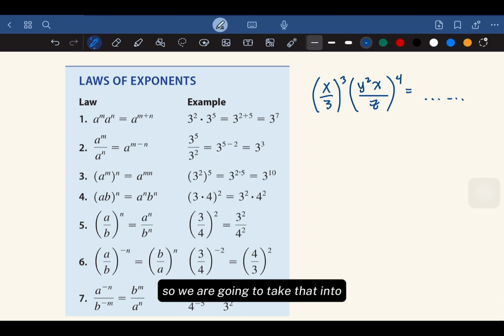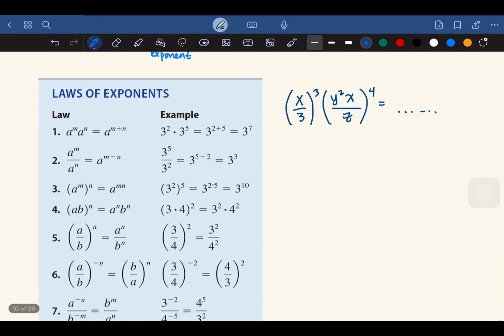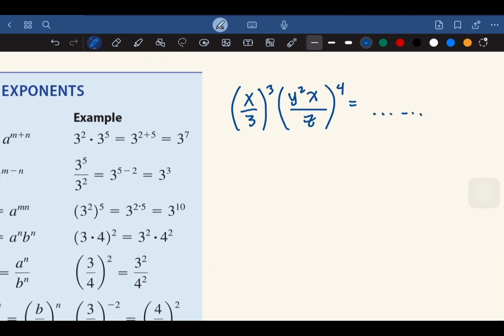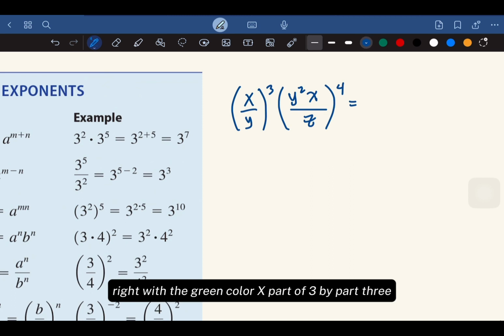So we are going to take, for example, the first one. Sorry, it's not 3. It's supposed to be y. X over y. So this will be, let me write with the green color, x to the power of 3, y to the power of 3.